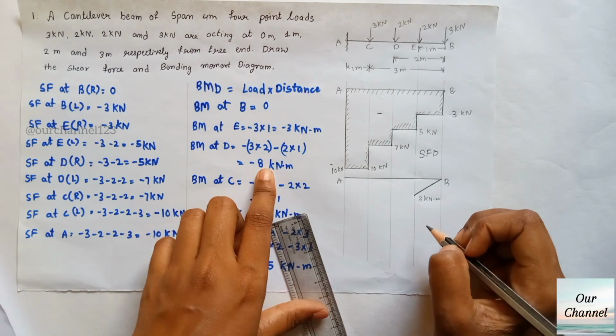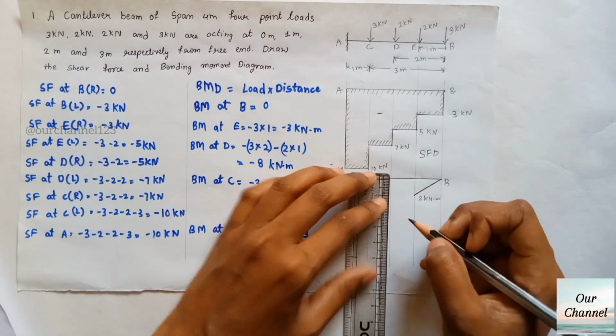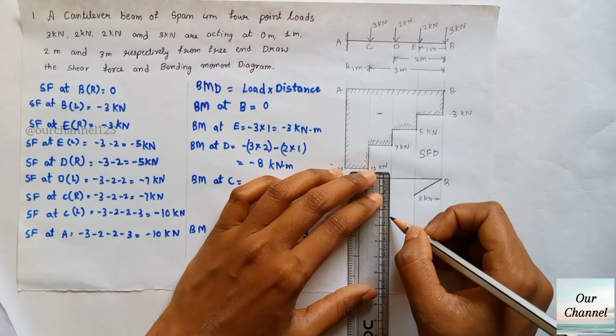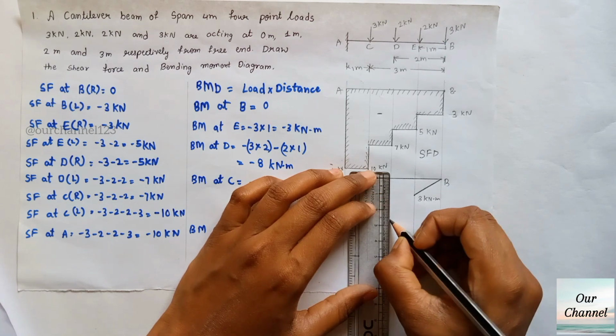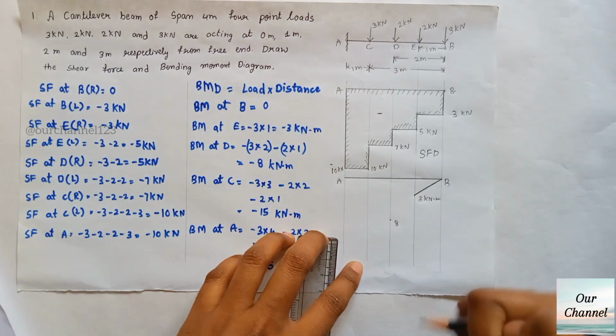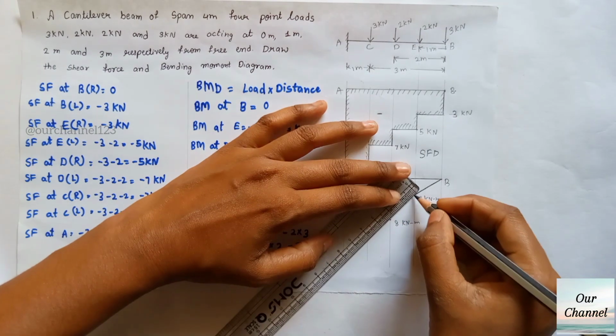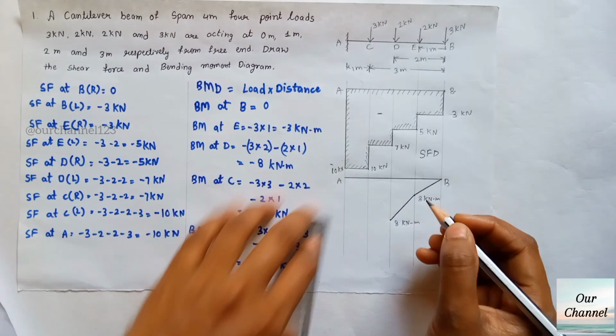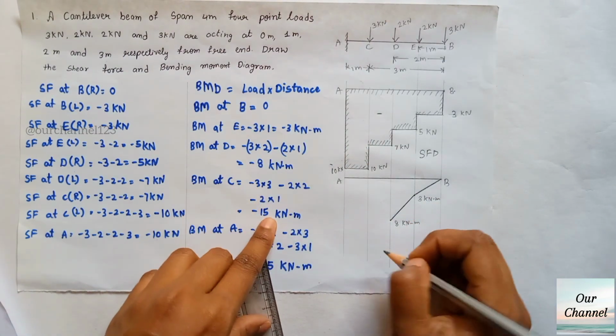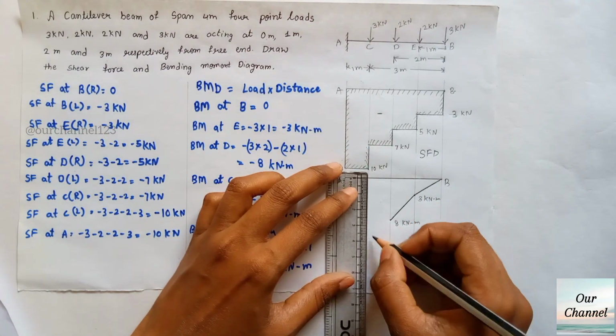Bending moment at D is 8. So mark a point as 8. Draw a line. Next at C, 15 kilonewton meter.